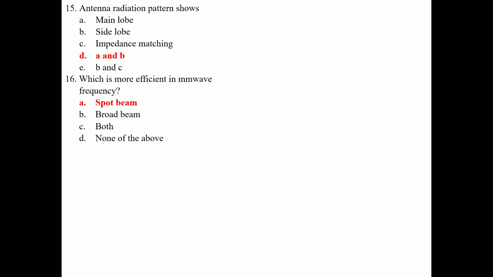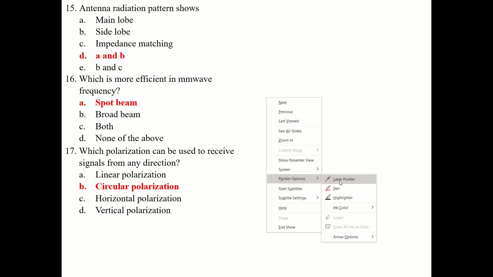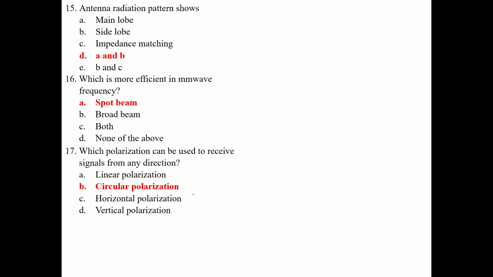Next, which polarization can be used to receive signals from any direction? Obviously circular polarization. If you keep your antenna linearly polarized and the signal is horizontally polarized, you will not get the signal properly because you will get a 3 dB loss.